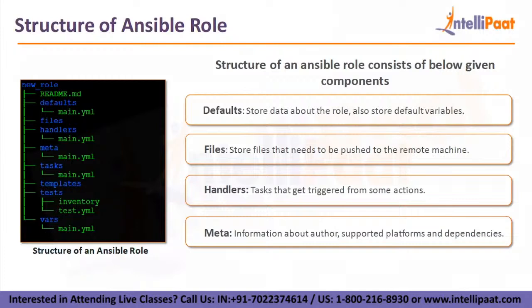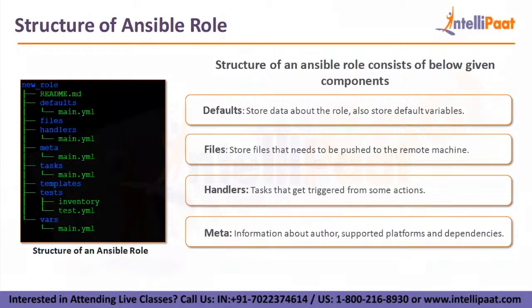So what does defaults contain? Defaults stores data about the role, and also stores default variables. Files stores files that need to be pushed to the remote machine. Handlers are tasks that get triggered from some action. I will show you a scenario of how handlers are useful for us. Meta is information about author, support, platform and dependency.